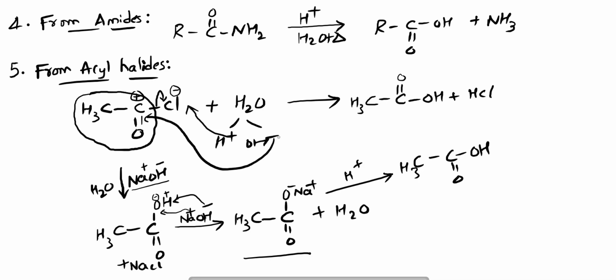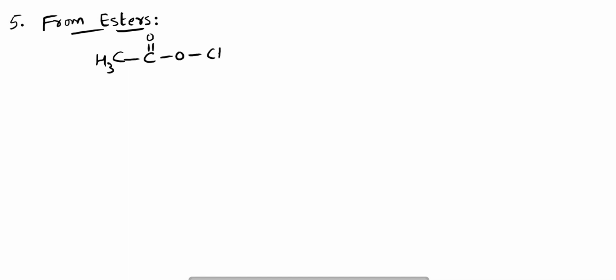Next, in the same way, we can prepare from esters. The ester formula is generally CH3COO, any R group I can also take. RCOOR is an ester.